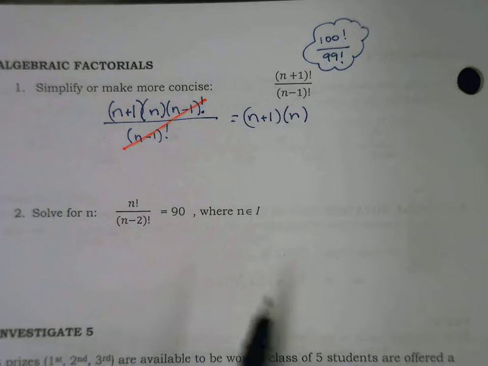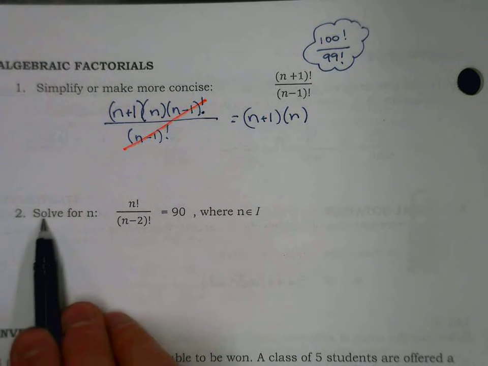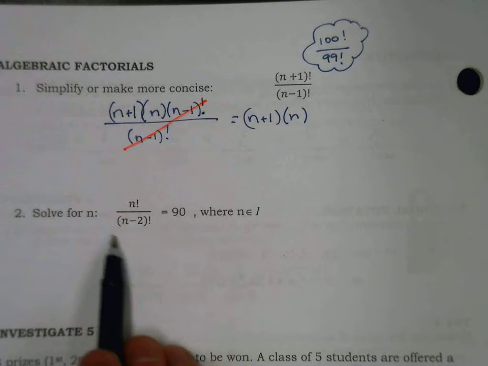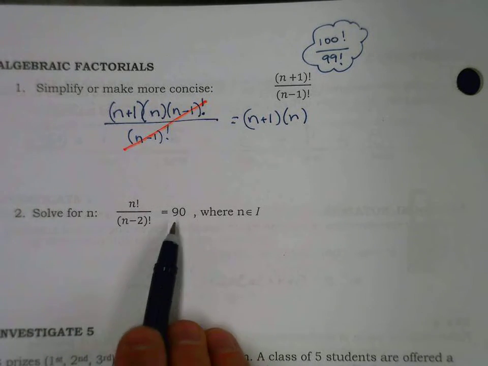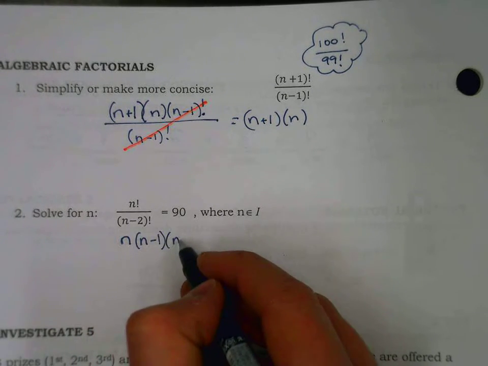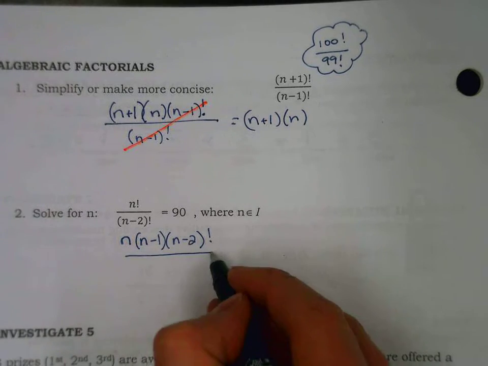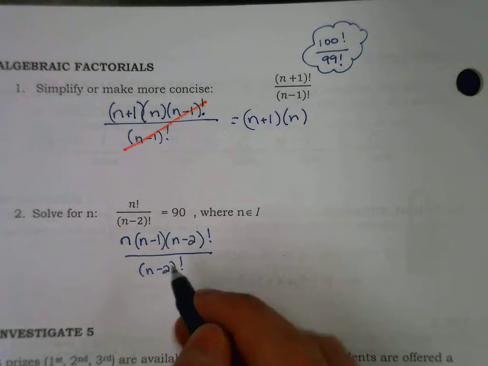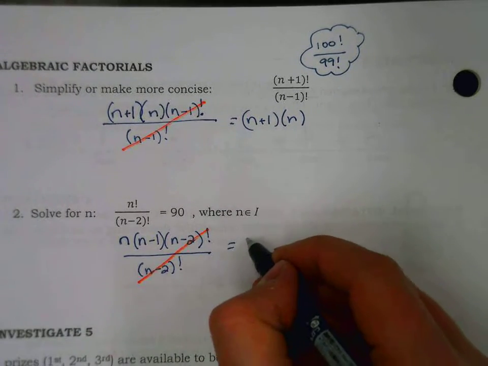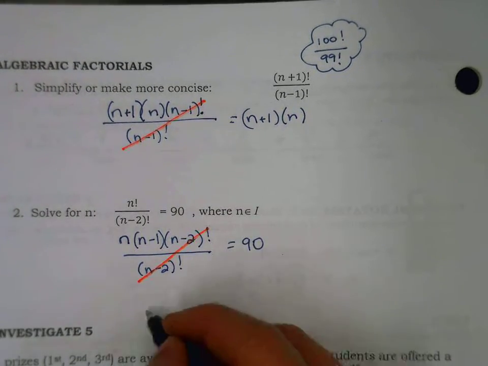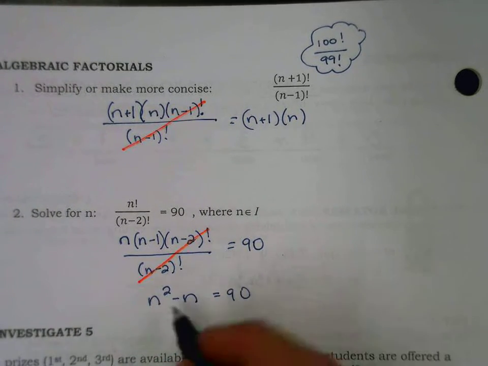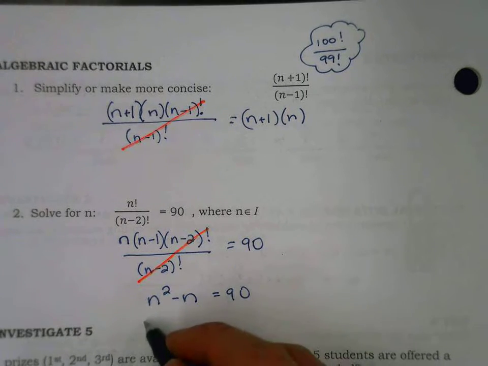This is needed for number 2, which asks to now solve the equation for n. So somehow there's a perfect value for n which would make everything equal 90. Well, I'm going to descend that top n into an n minus 1, n minus 2, and so on, so that I can cancel out that n minus 2 factorial, which leaves us with no factorial. Simply an n times an n minus 1, and I'll write that as n squared minus n, which equals 90.